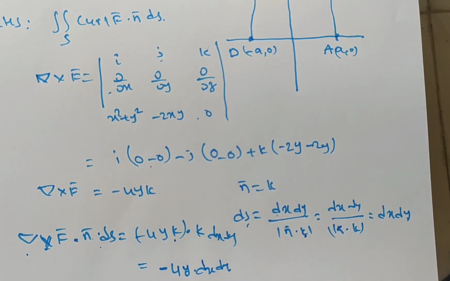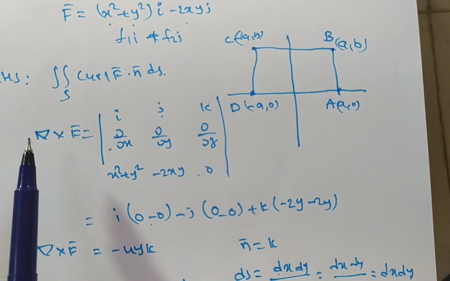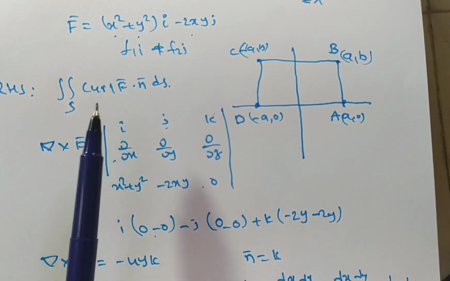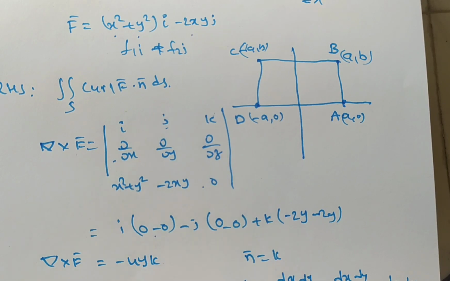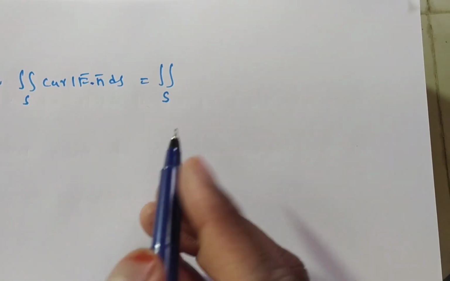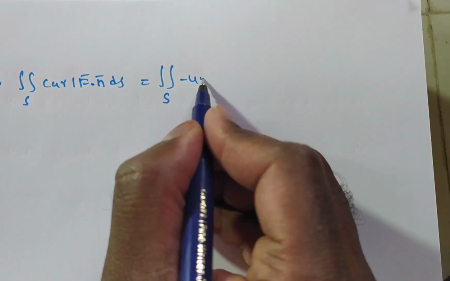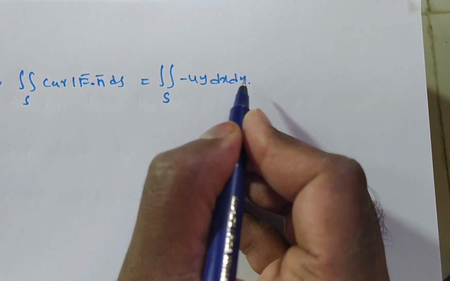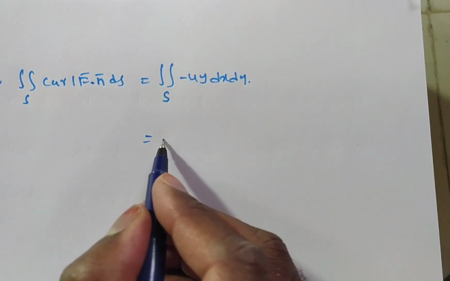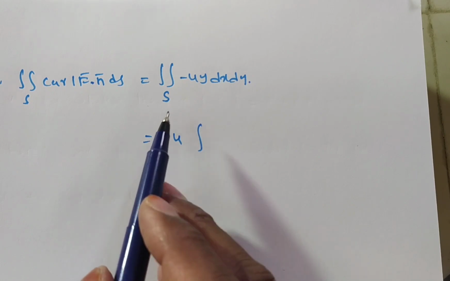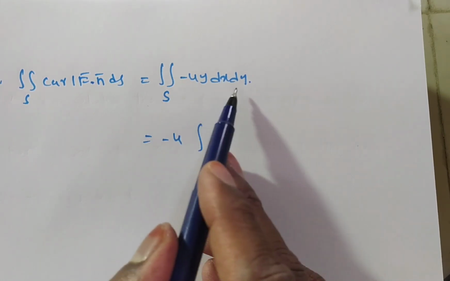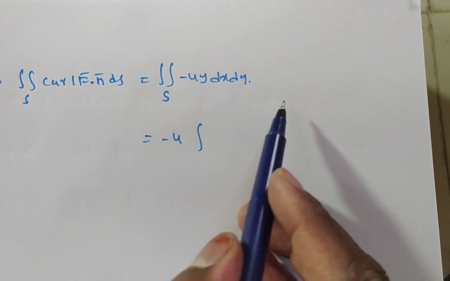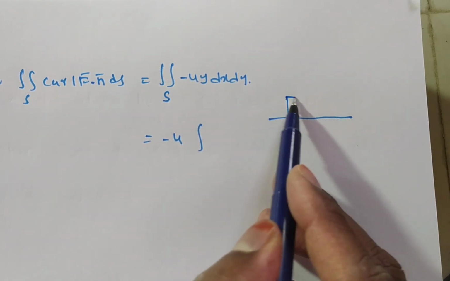Right. Now we have to evaluate the RHS part, the double integral over S of curl f bar dot n bar ds. What is curl f bar dot n bar ds we have? Minus 4y dx dy. So here you see, minus 4 I can write outside. Now I want the limits on the surface in the xy plane. In the xy plane that is a rectangle only.